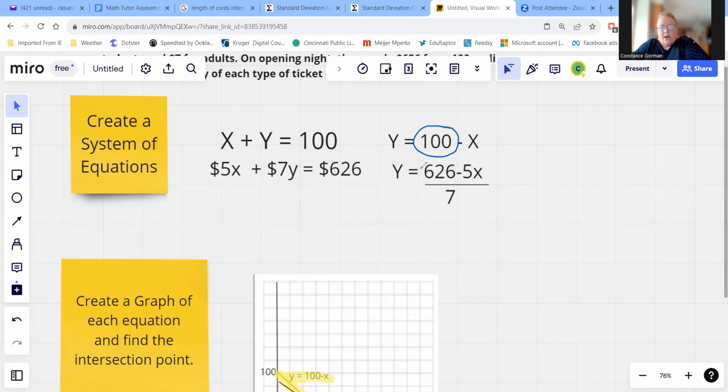And in the second equation, the y-intercept is going to be 626 divided by 7. So remember, each of these terms are divided by 7. So 100 is easy to plot on our graph. 626 may not be so easy, okay?